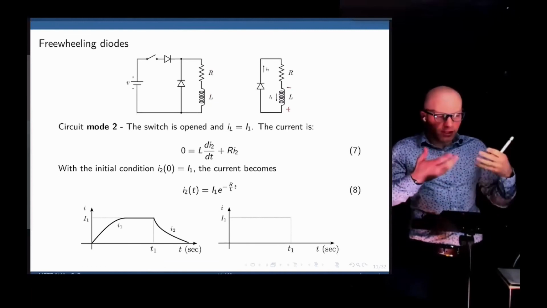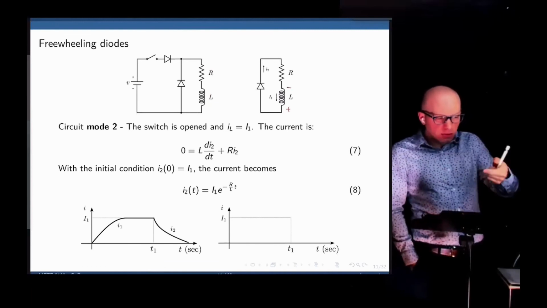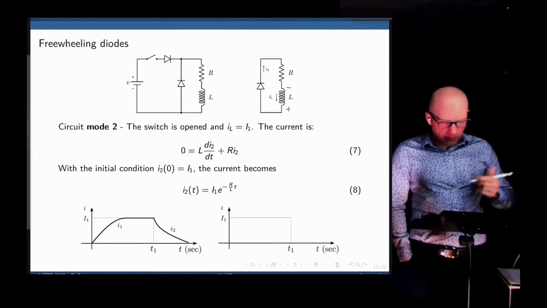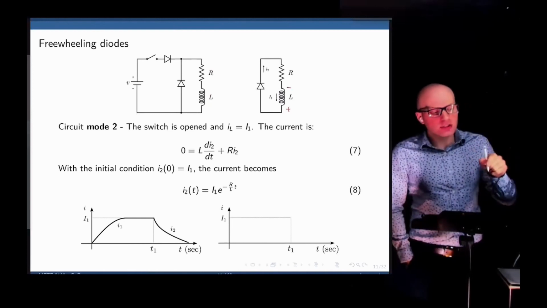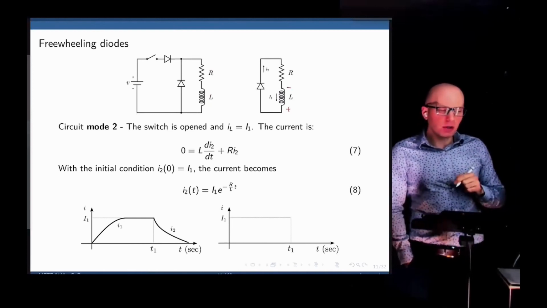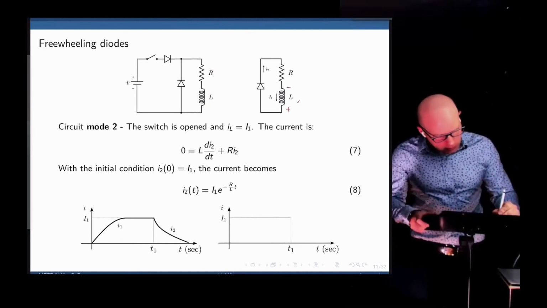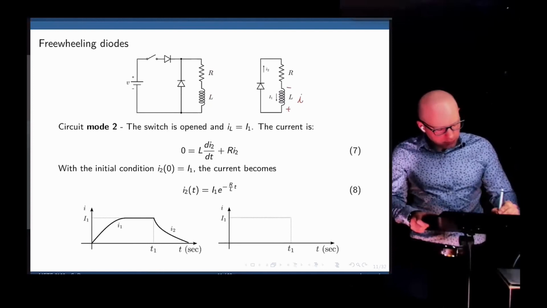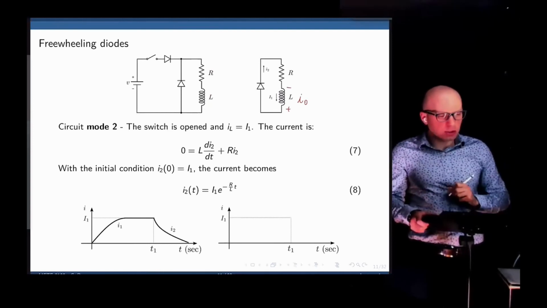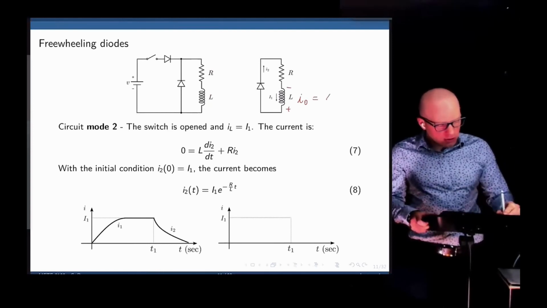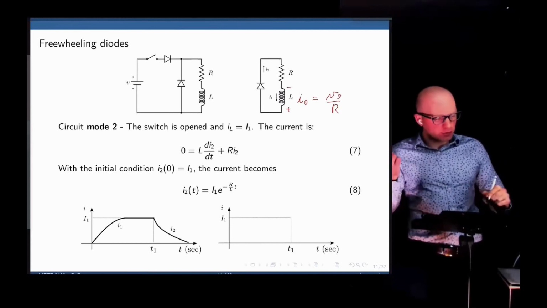Because it is preventing any further changes in the current. It needs to apply that additional force there. Now the middle diode is forward biased and will conduct. Remember that this inductor is charged with the initial current I0, which is Vs over R from the previous step.